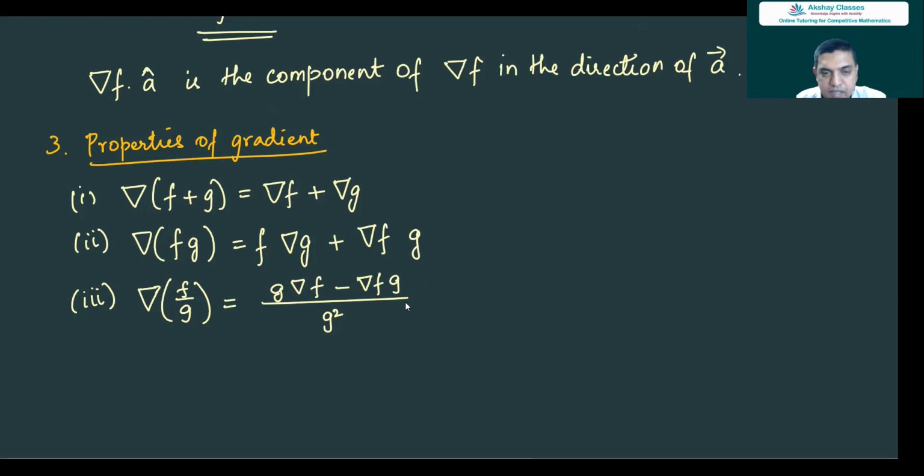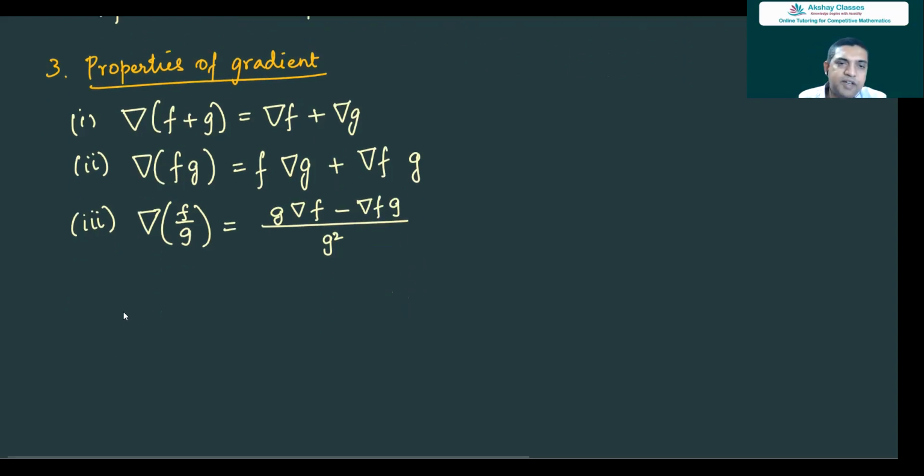These are some simple properties where f and g are scalar point functions or scalar fields.